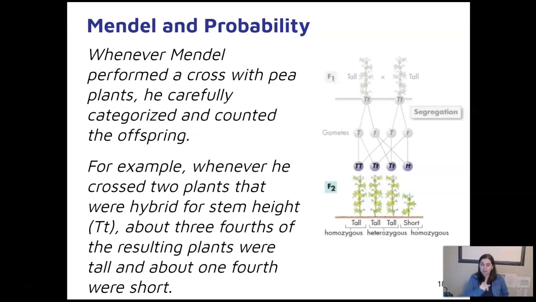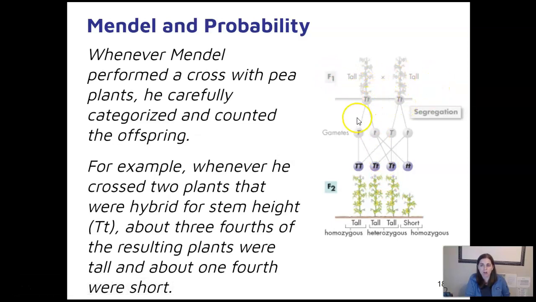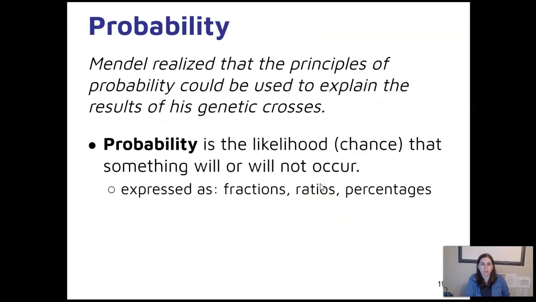That's important because this is starting to get us talking about our proportions and our probabilities. If you do 2 heterozygous talls, then you get this offspring combination, and it always works out to this percentage. 75% will be tall, with 25% being short. And we'll talk about that in a few minutes.